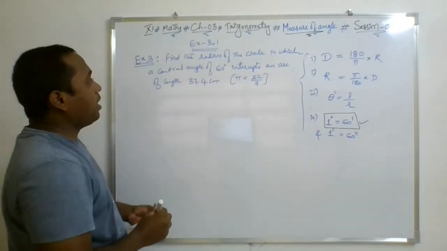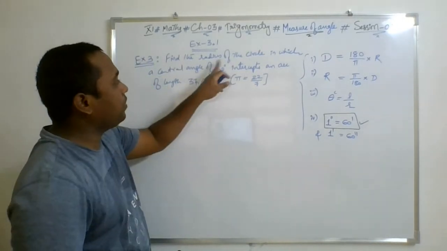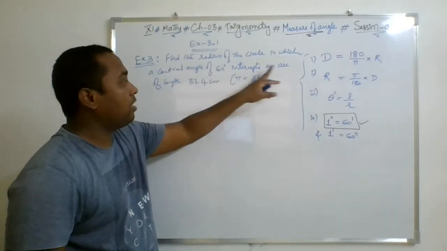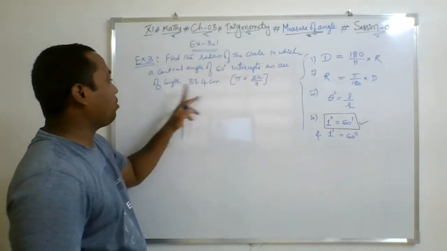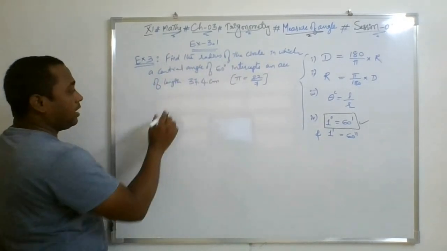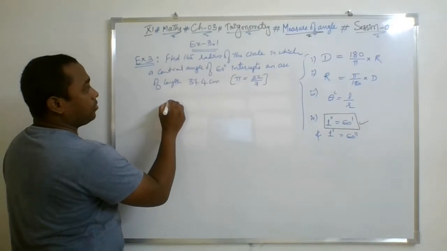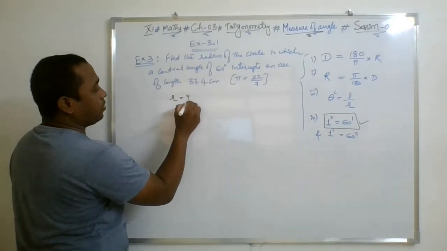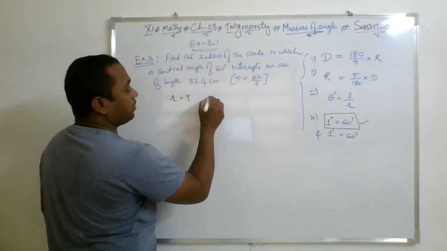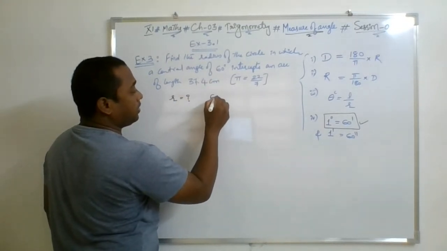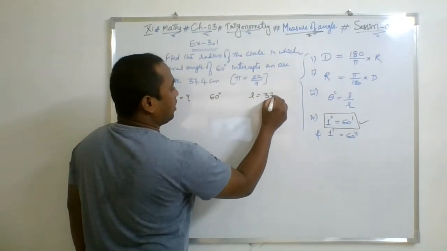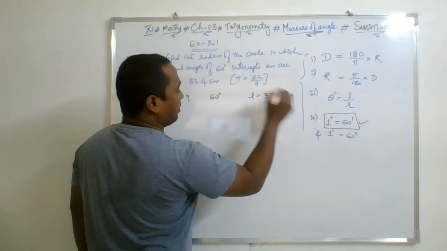Now, what they are asking: find the radius of the circle in which the central angle is 60 degree intercepts an arc of length 37.4. I am writing this question in terms of symbols. So radius we need to find, question mark. Angle subtended at the center of the circle is 60 degree, and the length of arc is 37.4 centimeter.